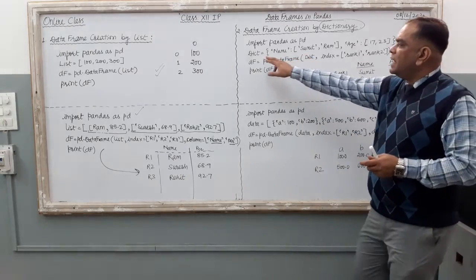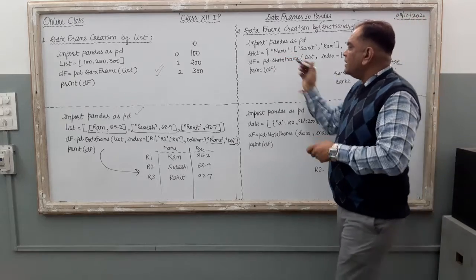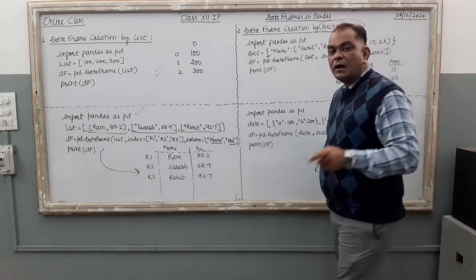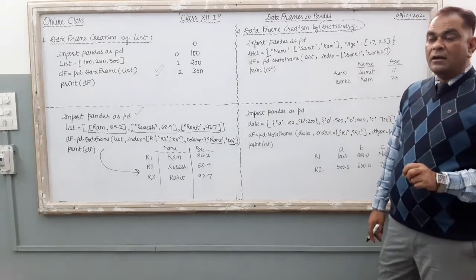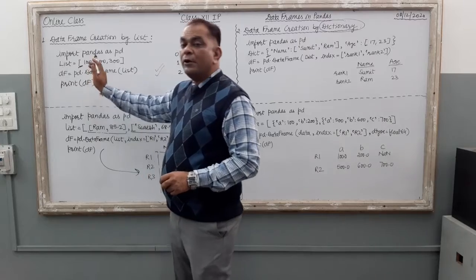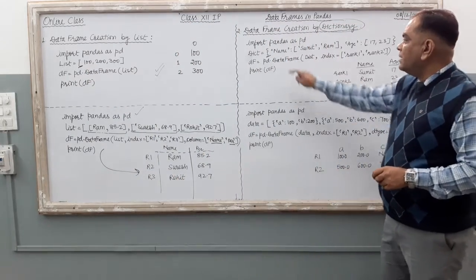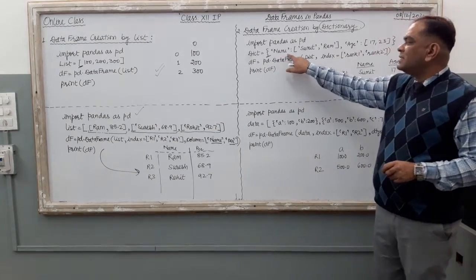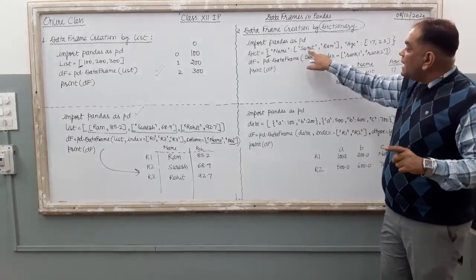Just see the dictionary variable dict equal to, name column here. With this curly bracket your computer recognizes that you are going to create a dictionary. If you put a square bracket, your computer recognizes that you are going to create a list, and for a small bracket it is a tuple. So here name is the first key of the dictionary with multiple values.